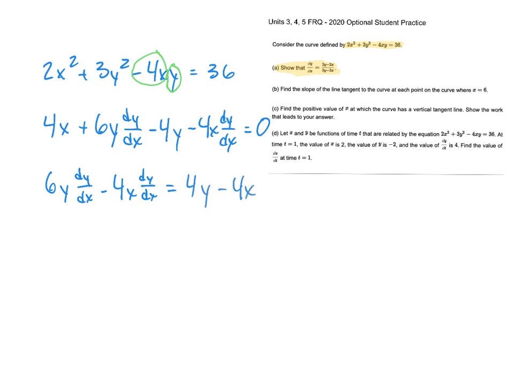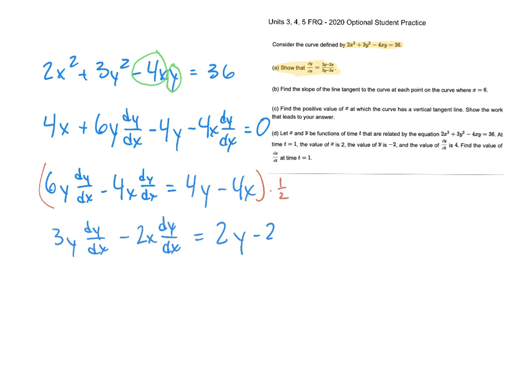I just happen to notice that all of these have a factor of 2 in there, so I'm going to multiply the whole thing by 1/2 to reduce that down right now. This is 3y dy dx minus 2x dy dx equals 2y minus 2x. And you can see how we're really close to getting the result that we're looking for.